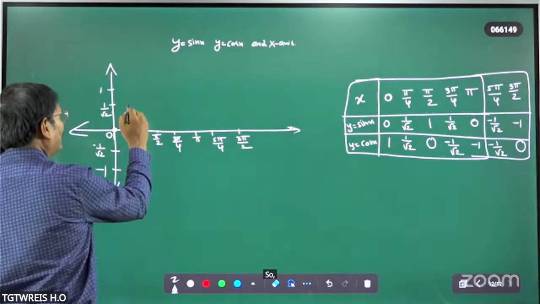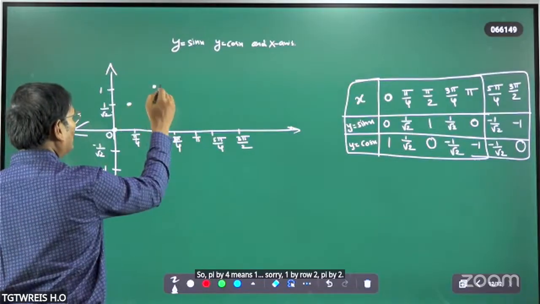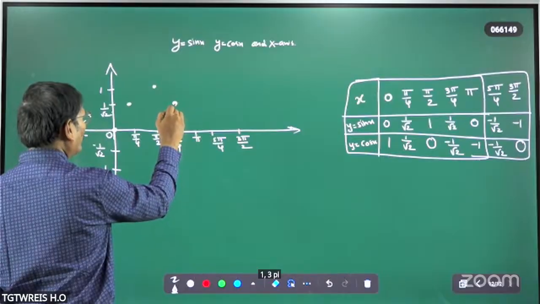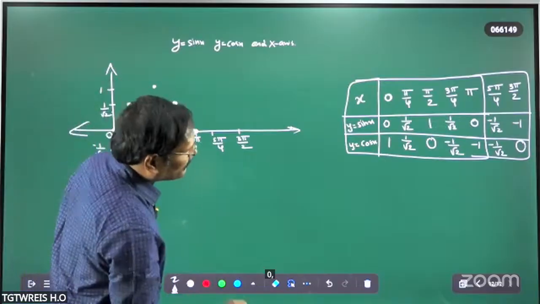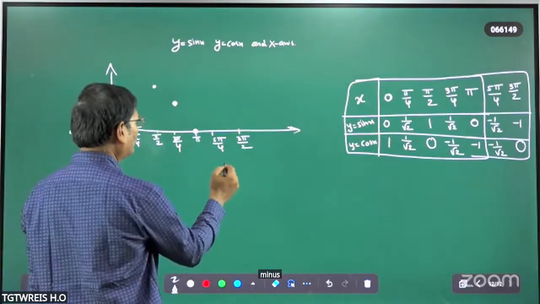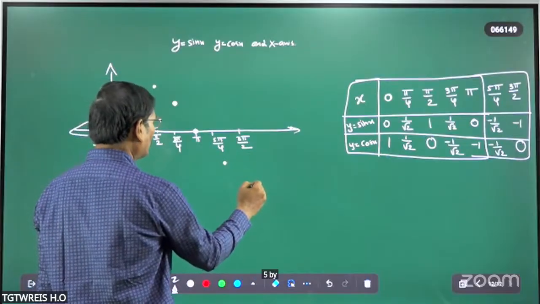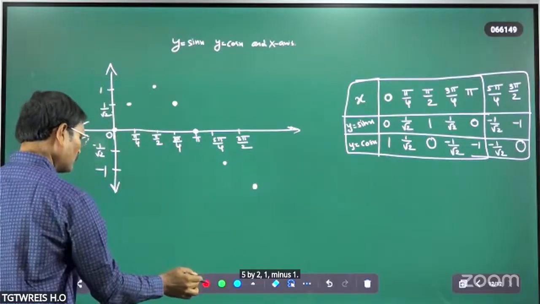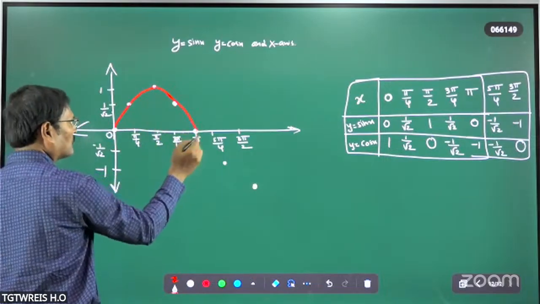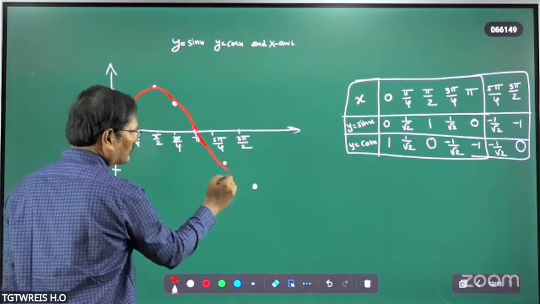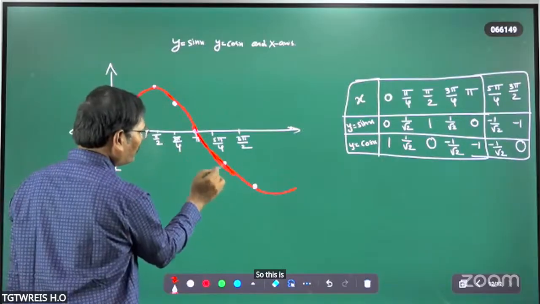So pi by 4 means 1 by root 2, pi by 2, 1, 3 pi by 4, 1 by root 2, pi, 0, 5 pi by 4, minus 1 by root 2, 3 pi by 2, minus 1. So this is the graph of sin x.